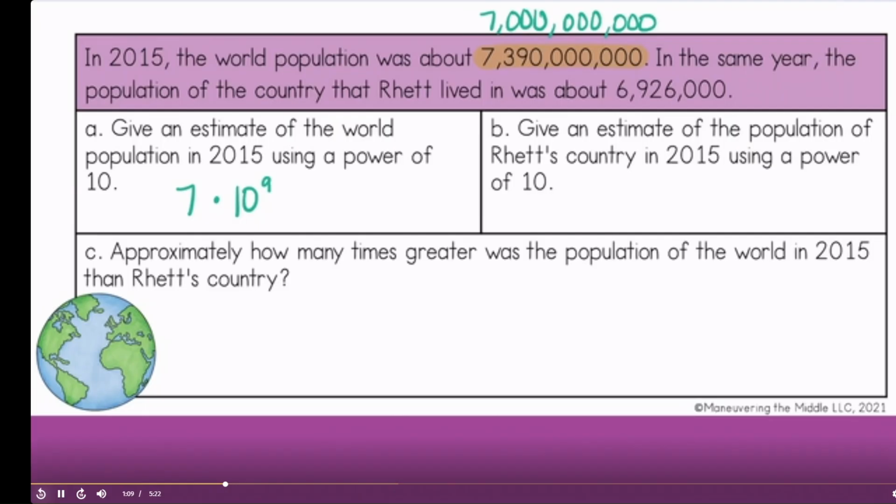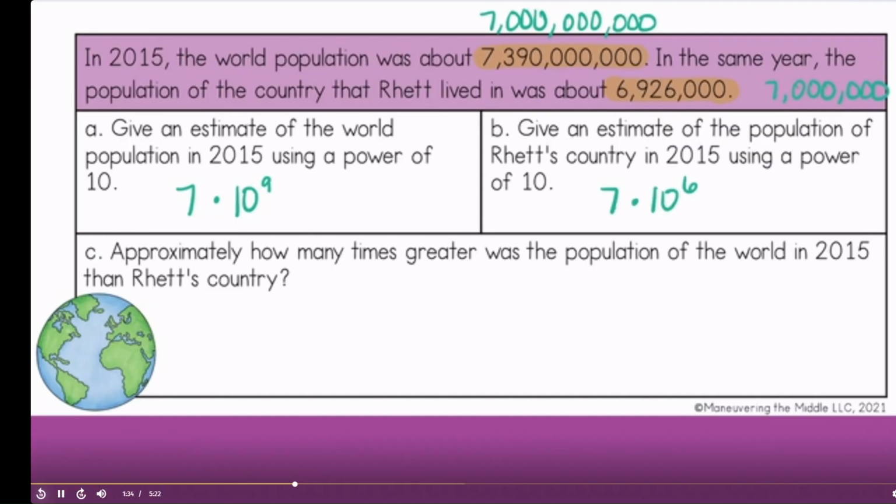Okay, so his population, the country that he lived in, was that second value, 6,926,000. Well, when I round that so that I can then rewrite it easily using a power of 10, I would round it up to about 7 million. In scientific notation, that's equivalent to 7 times 10 to the 6th power.